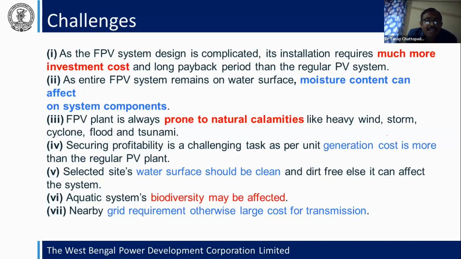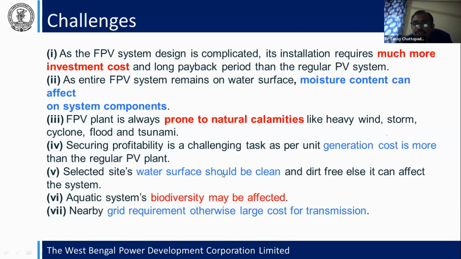The water surface should be cleaned. This is a challenge. Aquatic biodiversity may also be affected, so we have to follow measures such that biodiversity is not affected during execution.